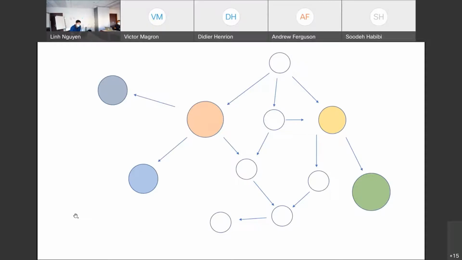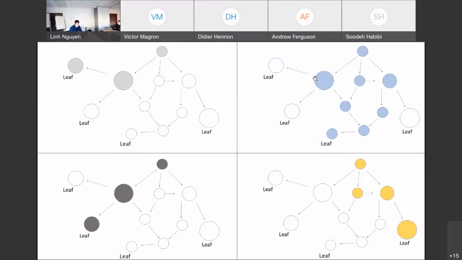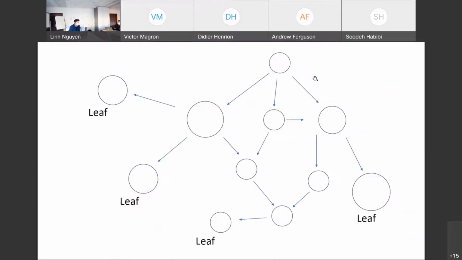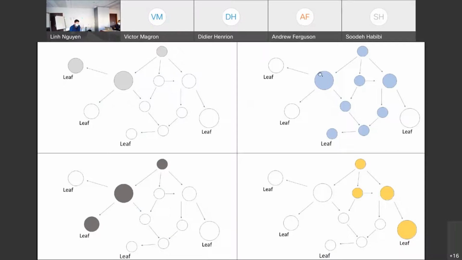What we need to do now is detect the leaves in the forest. These are here. Based on the leaves, we can easily find subsystems, namely by considering the past of that leaf. For each leaf here, we've colored the past of that leaf.